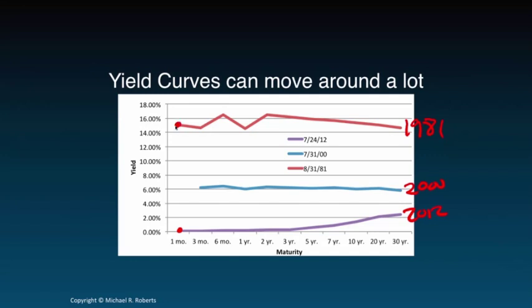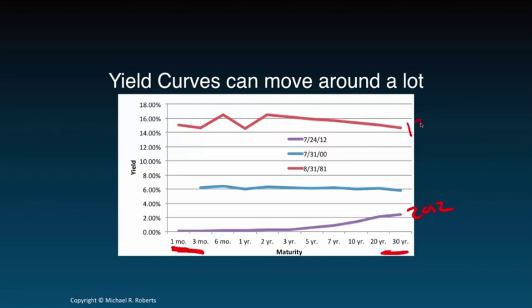Okay? The other thing I want to point out is that the relationship between the short end of the yield curve, short-term interest rates, and the long end of the yield curve, long-term interest rates, can vary over time as well. Here, at least in 2012, we see that the curve is upward sloping, so that short-term loans to the government are less costly than long-term loans.